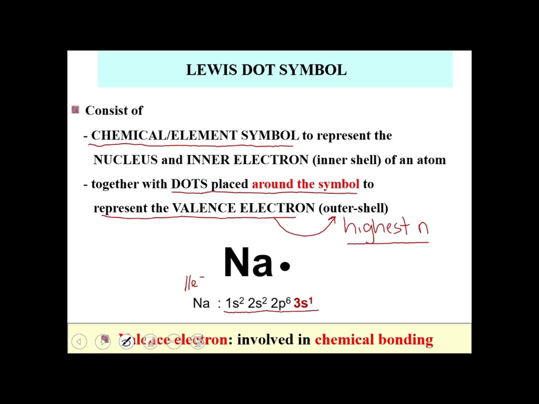So what is the highest quantum number? n equals 3. So 1, 2, 3, you have 3 as the highest number. How many electrons? You can see on the top of the alphabet. So how many electrons in the shell n equals 3? 1 only. So if you have 1 electron, you just represent the valence electron using the dot symbol. So if 1 electron, just 1 dot.